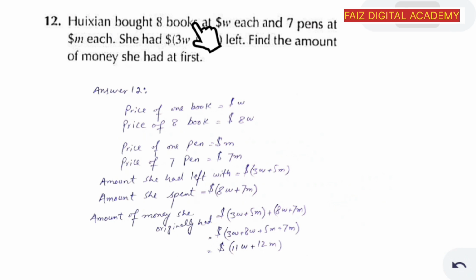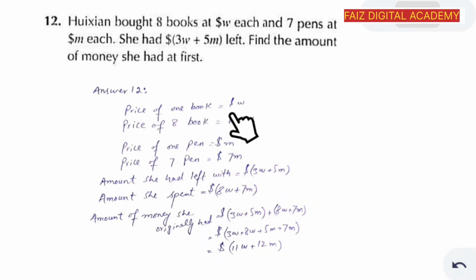Question 12 states that she bought 8 books at W dollars cost each and 7 pens at M dollars each. She had 3W plus 5M dollars left. Find the amount of money she had at first when she went for shopping. So first we have to understand and calculate the worth of the shopping that she made.